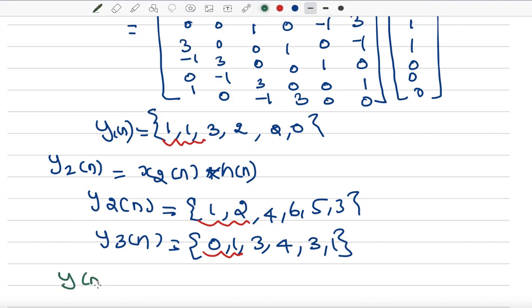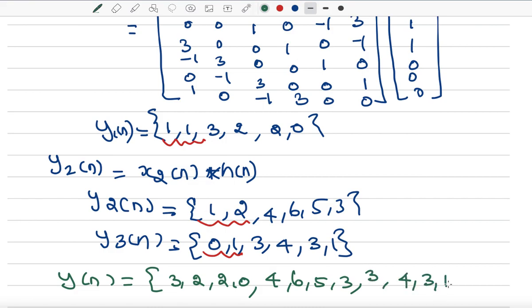Discarding the previous values, y of n equal to 3 2 2 0, and for the next sequence we also discard the first m minus 1 terms, that is 4 6 5 3 and here 3 4 3 1. So this is the output for the given long data sequence.